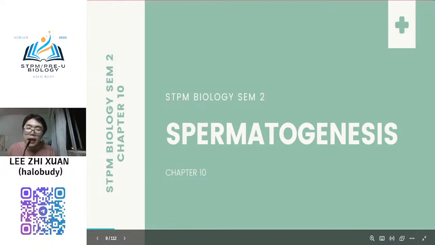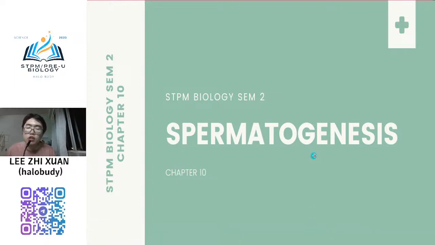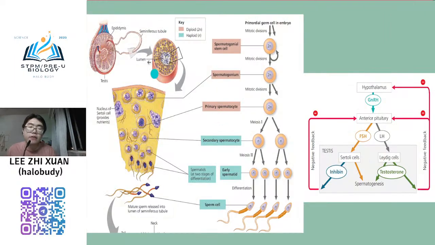After that we will go through spermatogenesis. This is the process to produce sperm in the seminiferous tubule. As mentioned before, sperm is produced within the testes, and within the testes there are many tubules we call seminiferous tubules. This is the place where the sperm is produced.